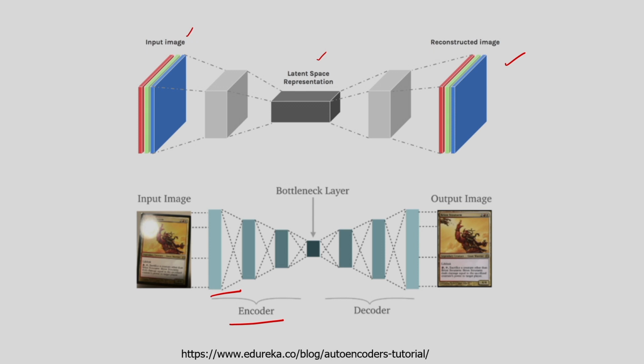So what is the encoder? The encoder is the part of the network that compresses the input into a latent space representation. In the figure you can see I have shown one encoder. The encoder layer encodes the input image as a compressed representation in a reduced dimension.